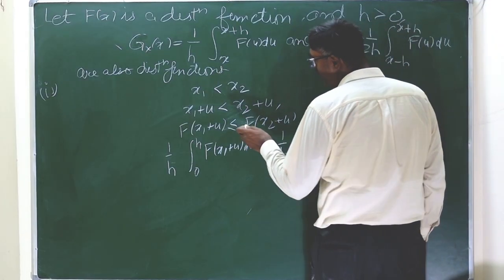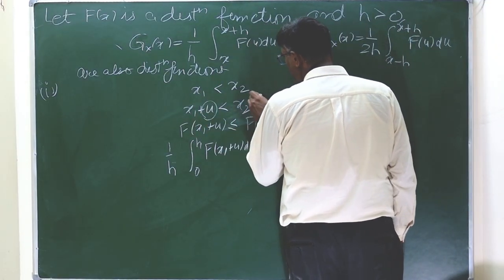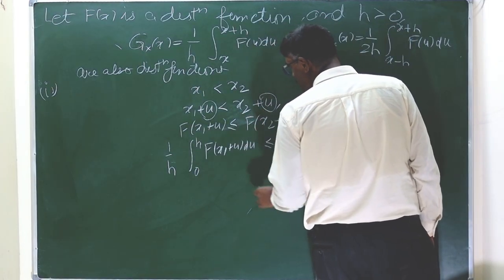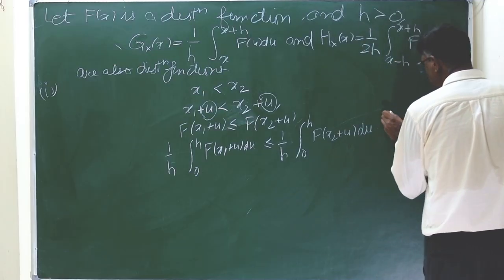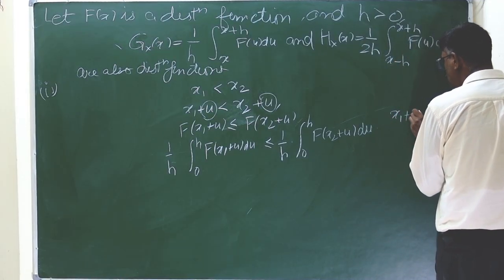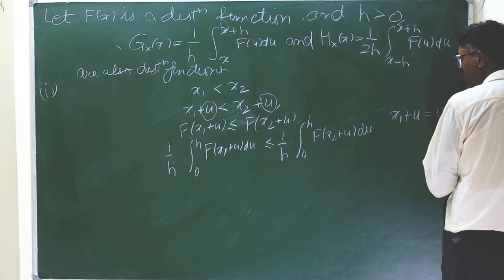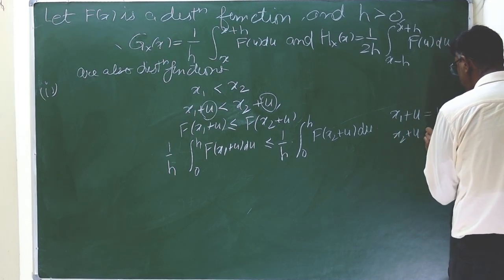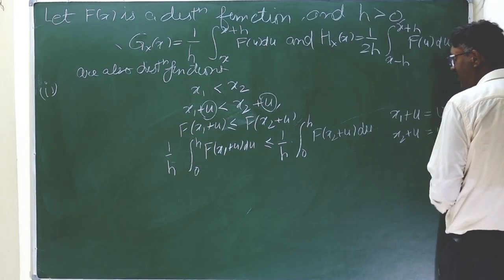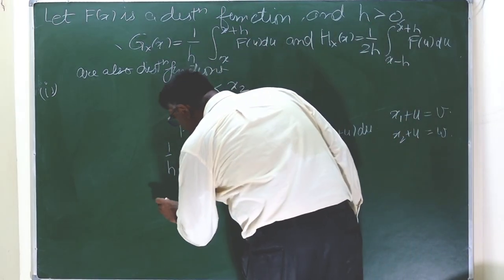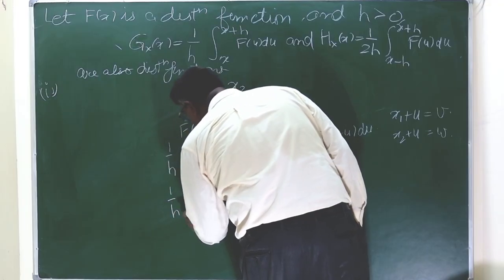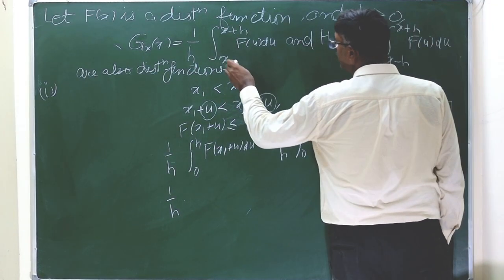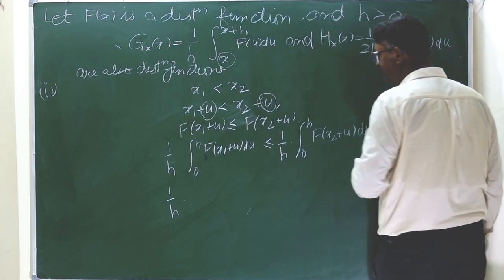One should always keep in mind that I am adding this u just to integrate it over the limit 0 to h, and when I put x1 plus u as v, or x2 plus u as w, then we will get this kind of form by this substitution.